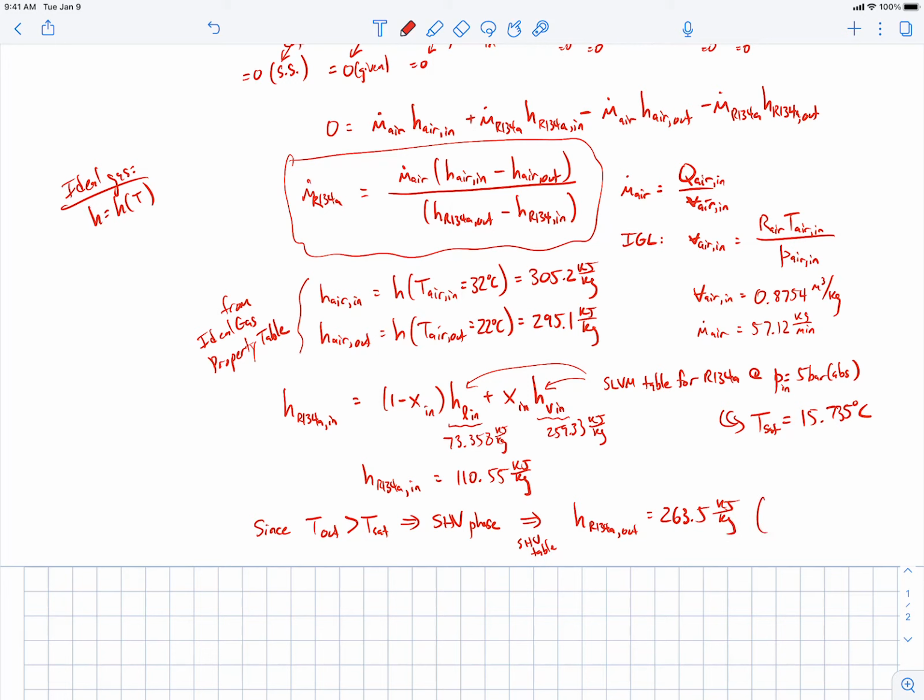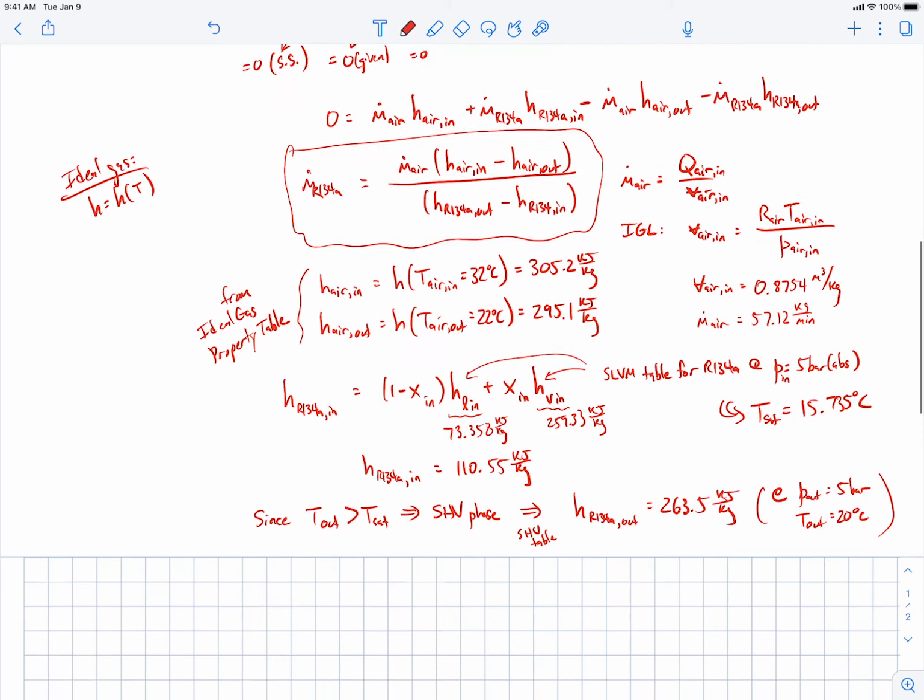So this is at P out of 5 bar and T out of 20 degrees C. Okay? So again, I'm not going to show you how to go through all the tables. We've done many examples like that along the way, so hopefully you know how to do that.